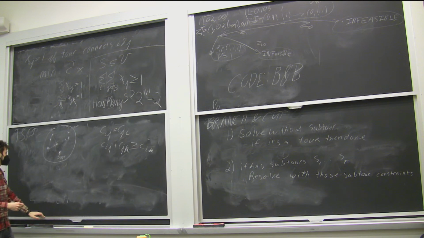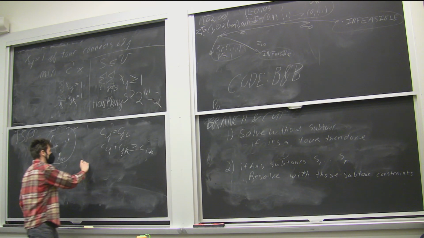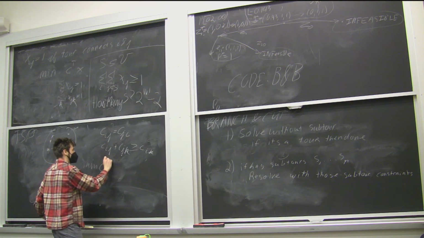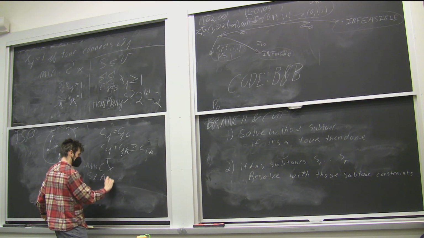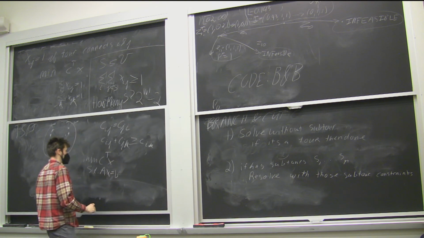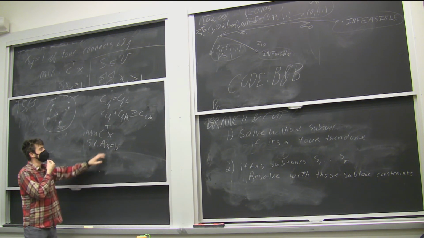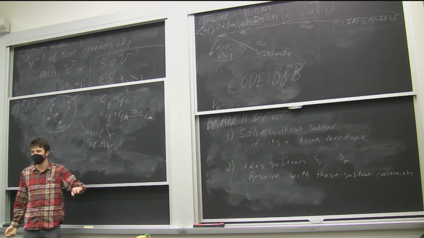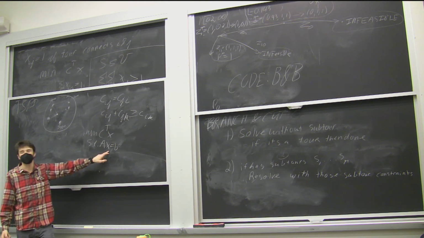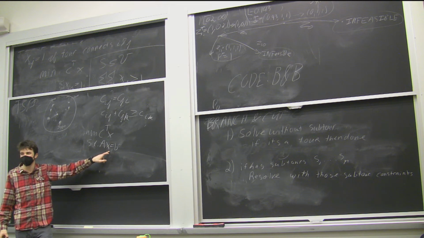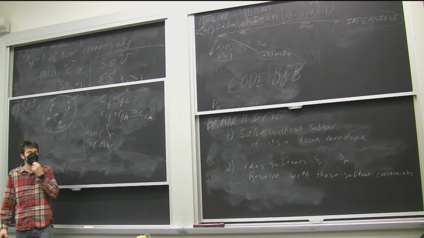I guess the most well-known one is if I have an LP in standard form, if A and b have rational entries and c has rational entries, you can actually prove that this has a rational solution, that the solution is always going to be rational.